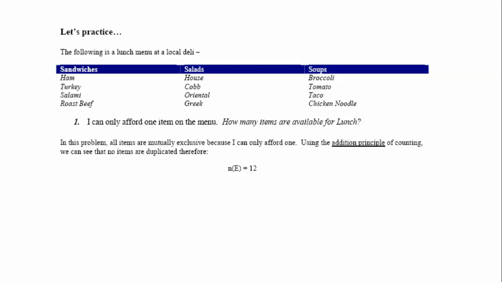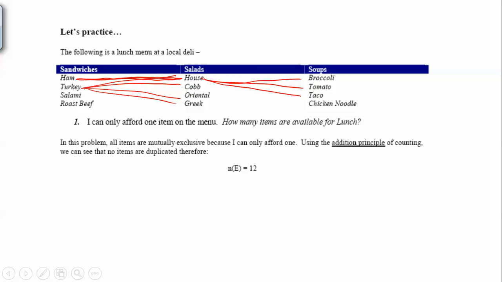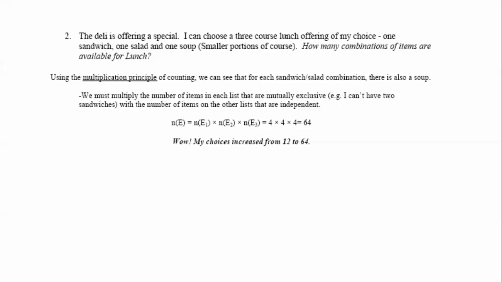So let me go back here. I've got 4 sandwiches, 4 salads, and 4 soups. So I could do a ham, a house, and a broccoli. I could do a ham, a house, and a tomato, a ham, a house, and a taco, and so on and so forth for every single one of those combinations. And so you can see, just with 4 items, I really can't do it by visualizing those.